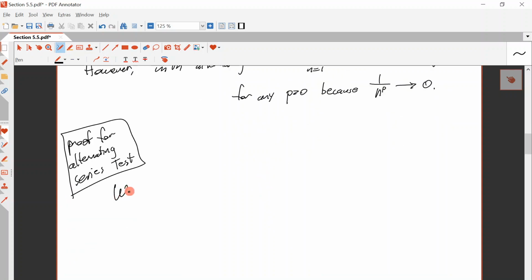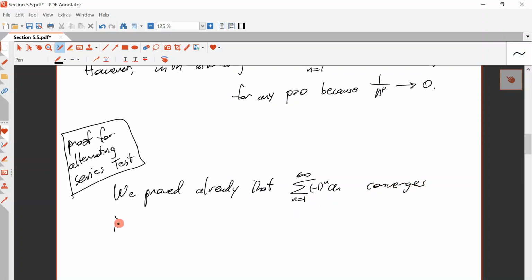Okay, we already proved that if the sum of (-1)^n a_n converges, then a_n goes to 0.